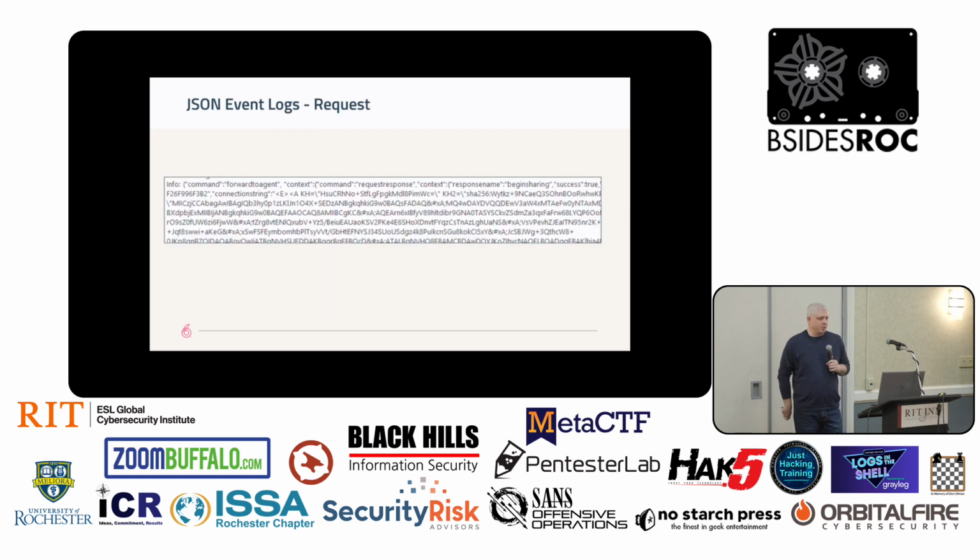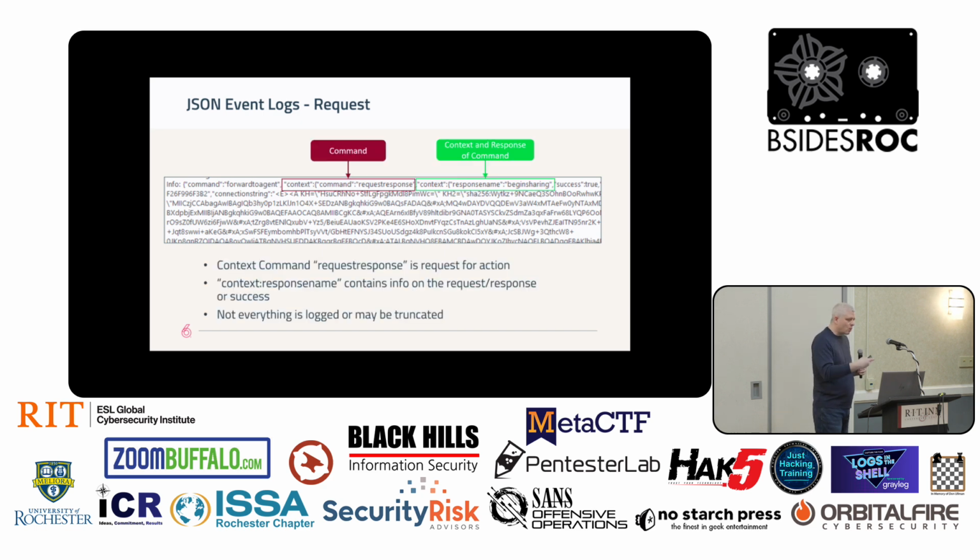The rest of the logs that you see are basically these pseudo JSON events that have both a request and a response. Within them, there are a couple of important pieces. The first, you see this context command request response.